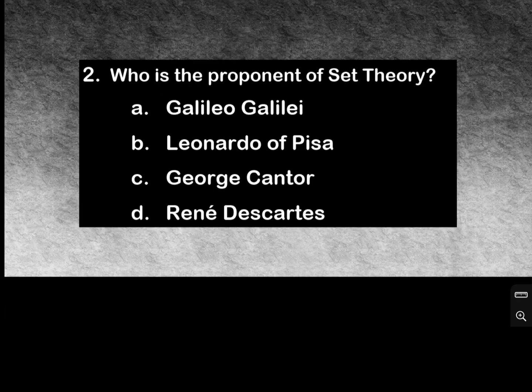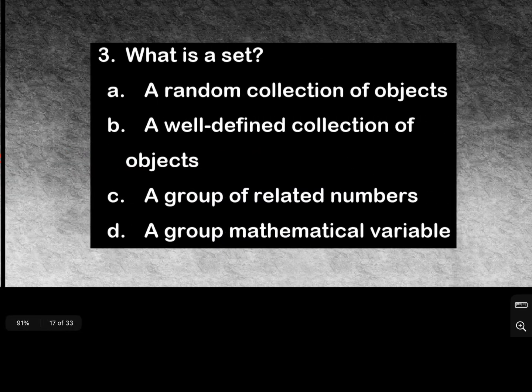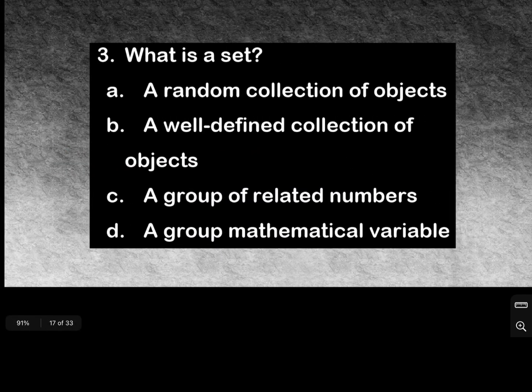For number 2, who is the proponent of the set theory? So we only have George Cantor. Remember that Leonardo of Pisa is the proponent of the Fibonacci sequence, a sequence that always starts with 1 and 1. Let's move on to number 3.